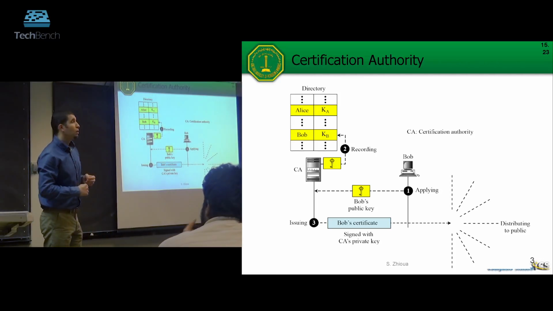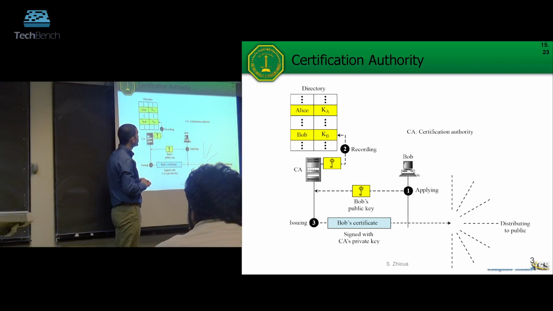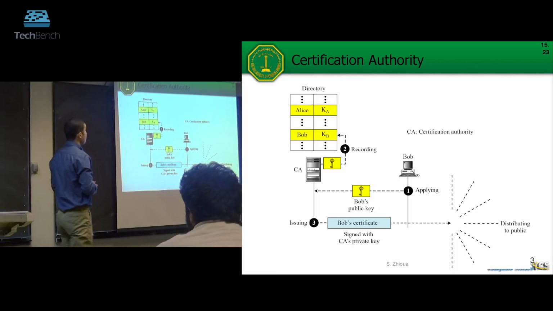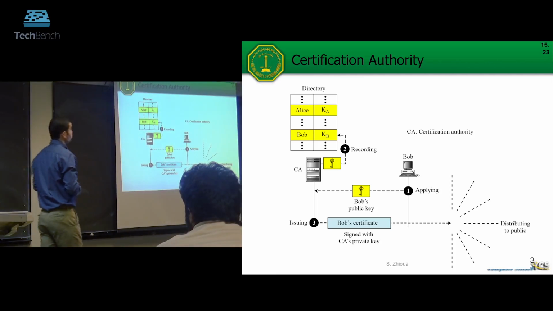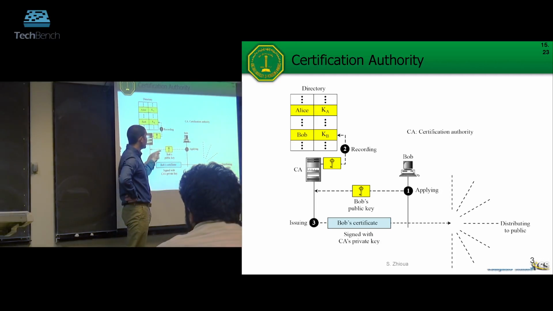Well, then it will overwrite it. But the CA needs to have a way to authenticate Bob. In this case, there is no authentication. There should be a secure way of communication between the CA and Bob somehow.